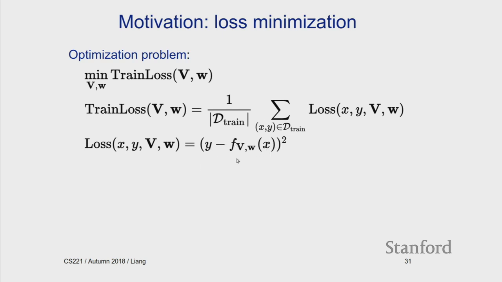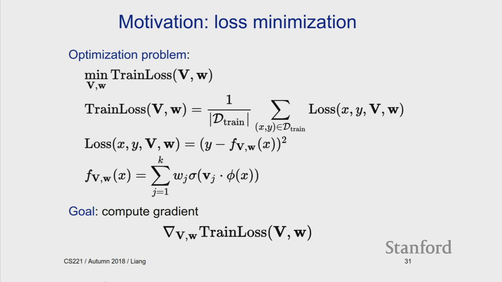What is f of v,w? The neural net has this form, which is just writing out the last layer. It's a summation over all the intermediate hidden activations of wj times sigmoid of vj times phi of x.